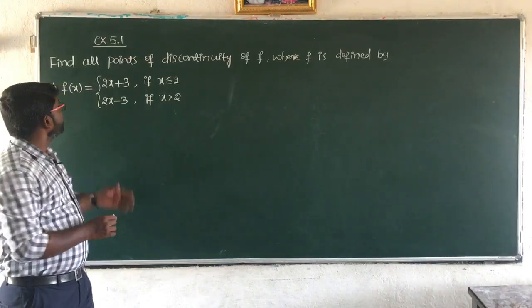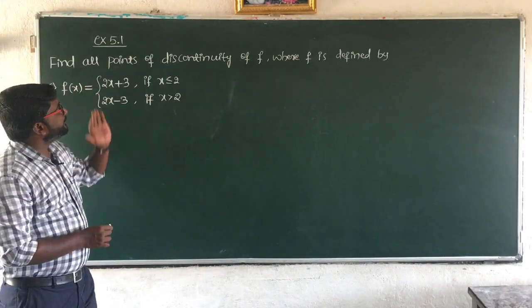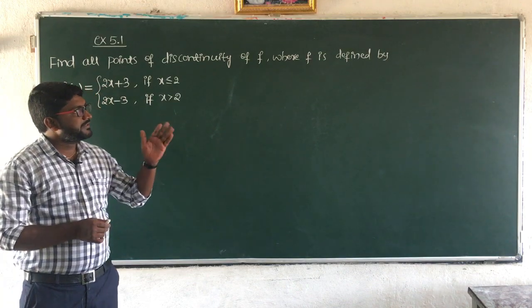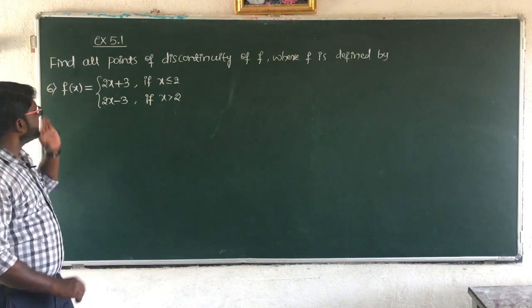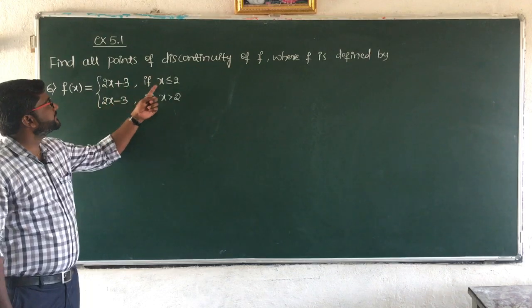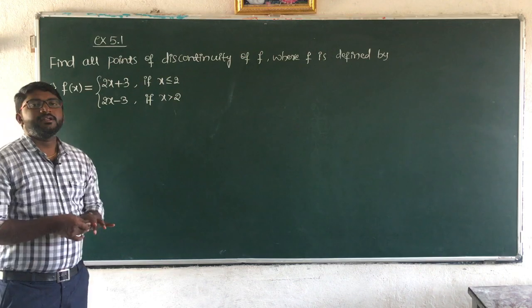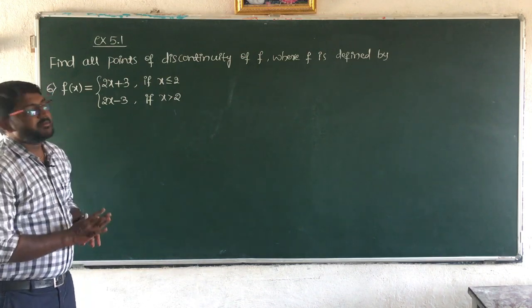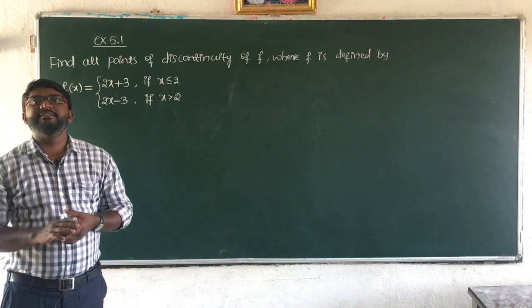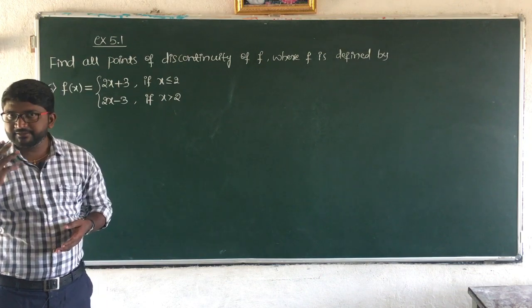So the next question, it is the sixth one. Find all points of discontinuity of f where f is defined by f of x equal to 2x plus 3 if x is less than or equal to 2, and 2x minus 3 if x is greater than 2. Here he has not given the point. So what I do is I take x equal to c and we get three cases.